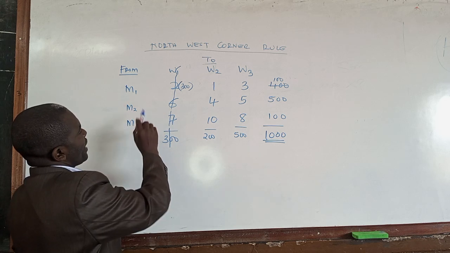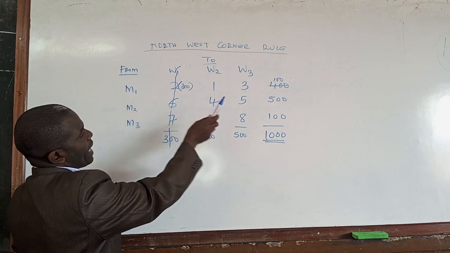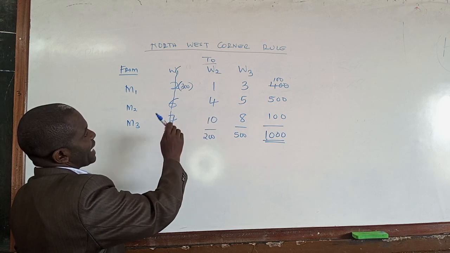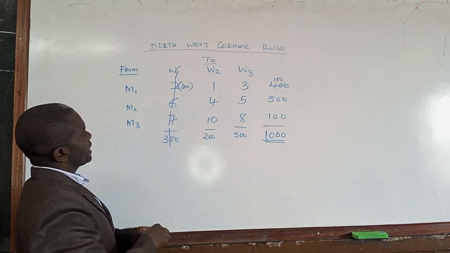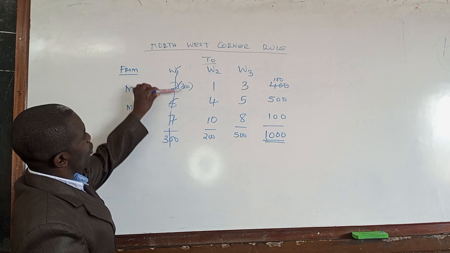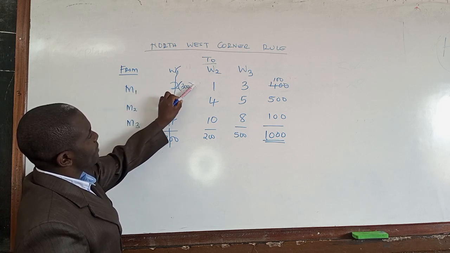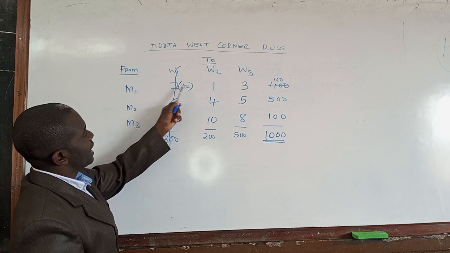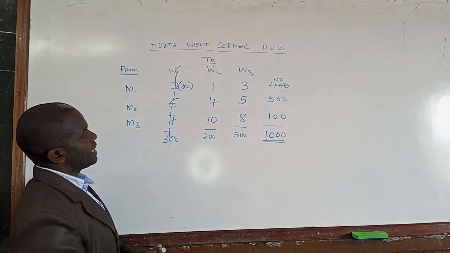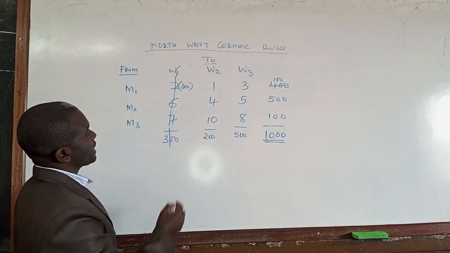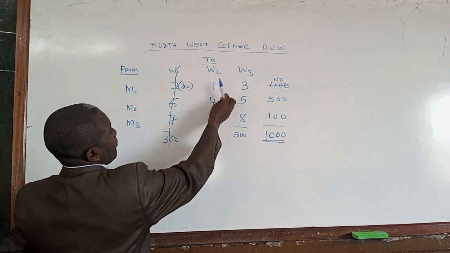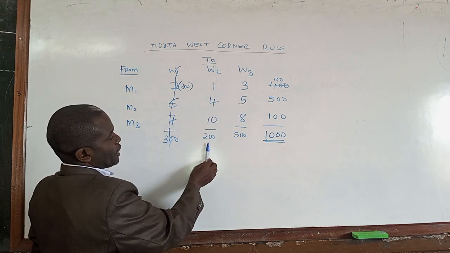Once again, M1 has a balance of 100, and therefore we shall assign it. Before we go to the next row, we are in row 1. Before coming to row 2, we must clear the balance from manufacturing plant 1, that is 100 units. And so the next part, we look at the capacity for W2 and find it's 200.